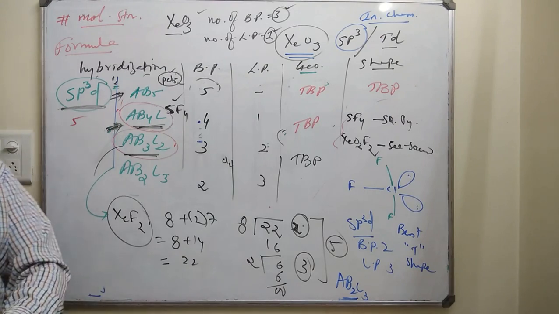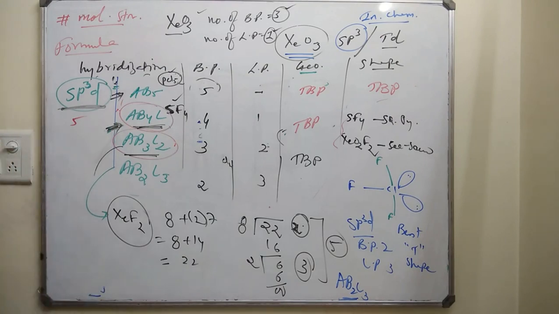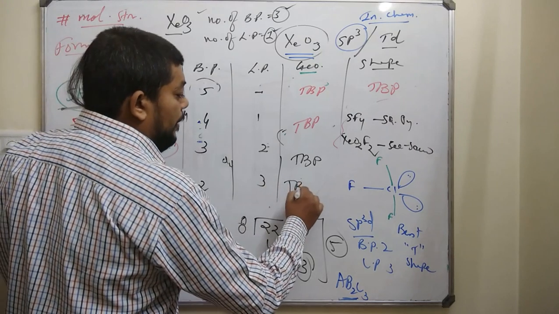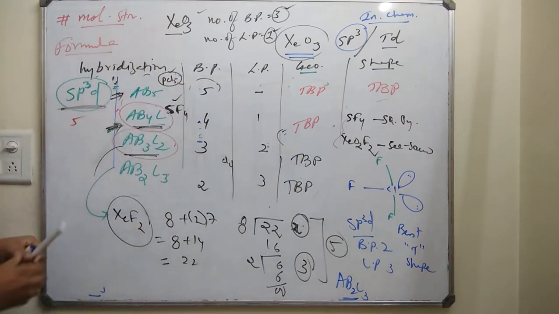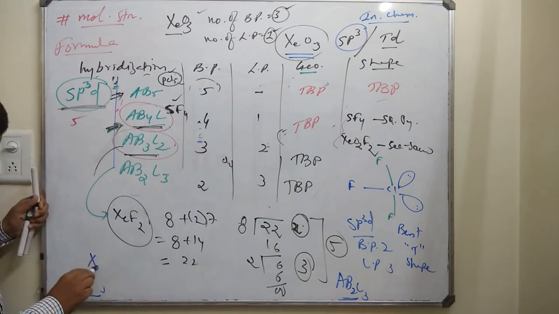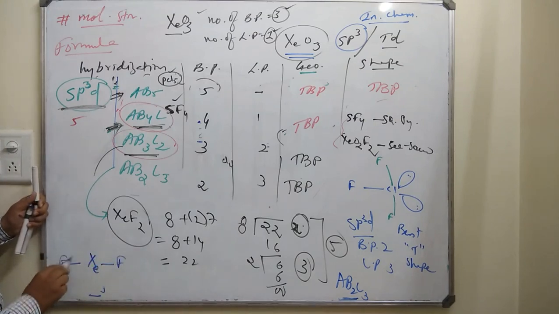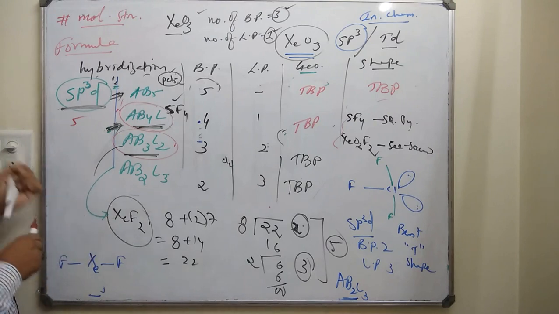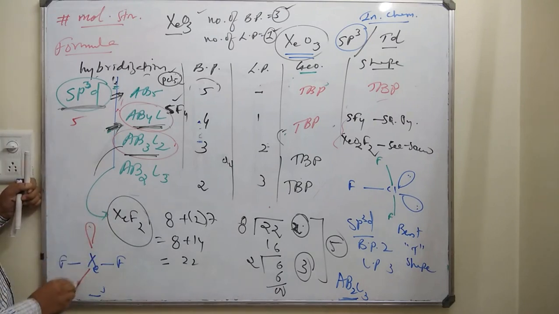Friends, be very clear, be very precise that AB2L3 will always give you a trigonal bipyramidal geometry, but when it comes to the shape, it is F, Xe, F. It will be a linear shape because we know that lone pairs are not involved in the shape.